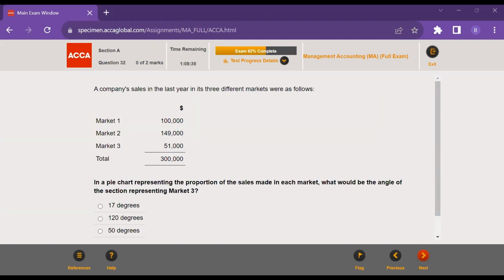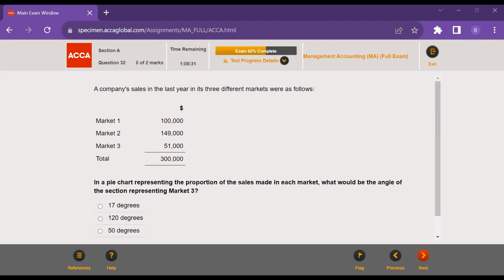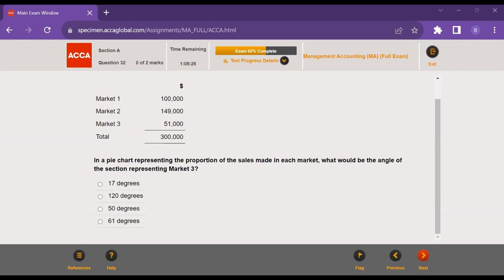Moving on, a company's sales in the last year, in three different markets, were as follows. So it's for 1 year, in which they have sold in three different markets. A pie chart represents the proportion of the sales made in each market. What would be the angle of the section representing market 3? This is a very simple question.